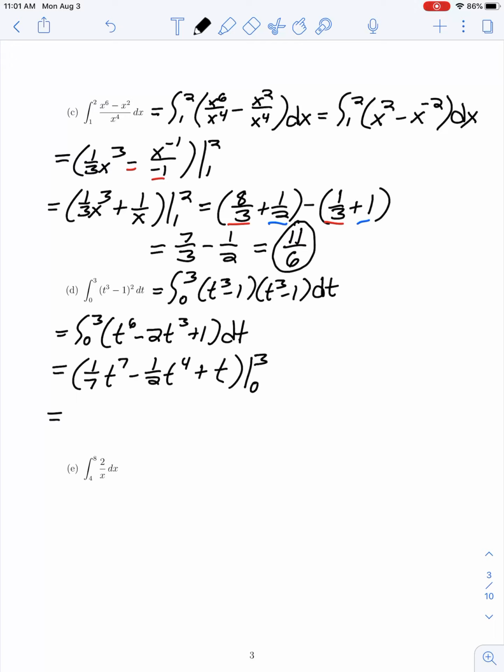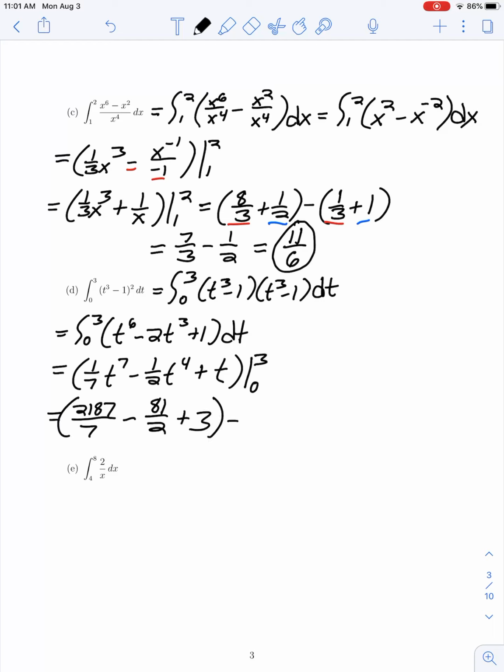So we start by substituting in our upper limit of integration, in this case 3. For our first term, we have 3 to the 7th power, which using a calculator gives us 2187, and then multiplying by 1/7. Minus, for our second term, we have 3 to the 4th, or 9 squared, which is 81 times 1/2, plus 3.